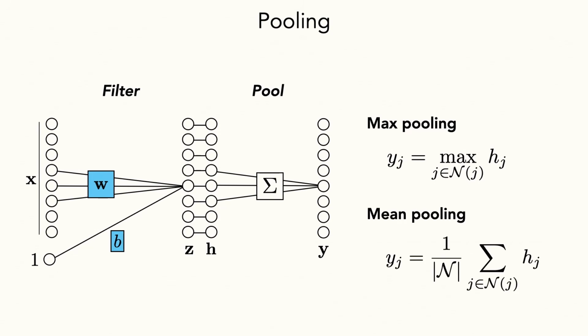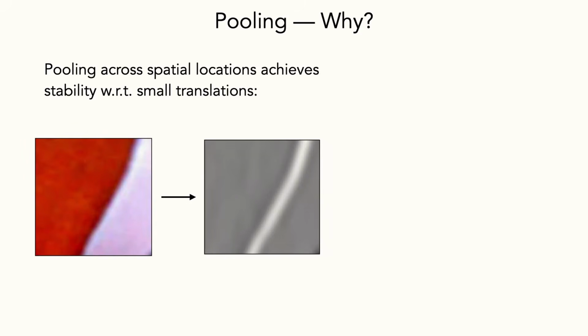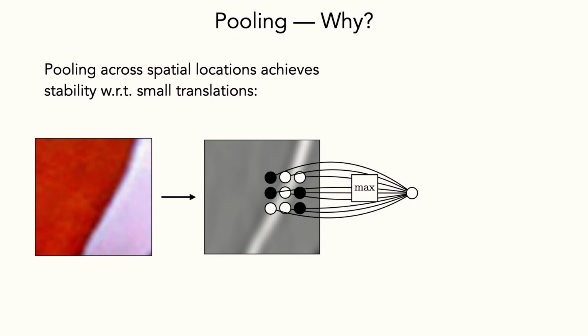Or you can also think about something like mean pooling. And here you're just taking the average over some smaller local window. So why do you want to do pooling? One thing that's really nice about it is pooling across spatial locations gives you some stability. For example, if you're taking the max over this window, you're still going to identify that there's an edge there, right?